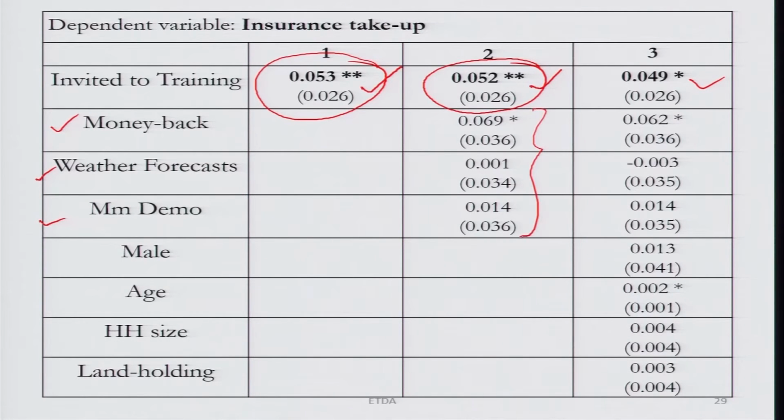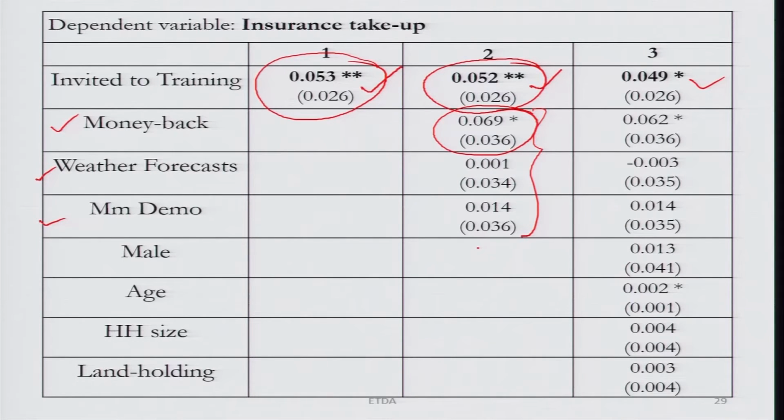So, once you include these 3 different marketing treatments, what you see is only the money back offer has some effect on insurance take up. None of the other 2 marketing treatments, demo and weather forecast, have any impact on insurance take up.